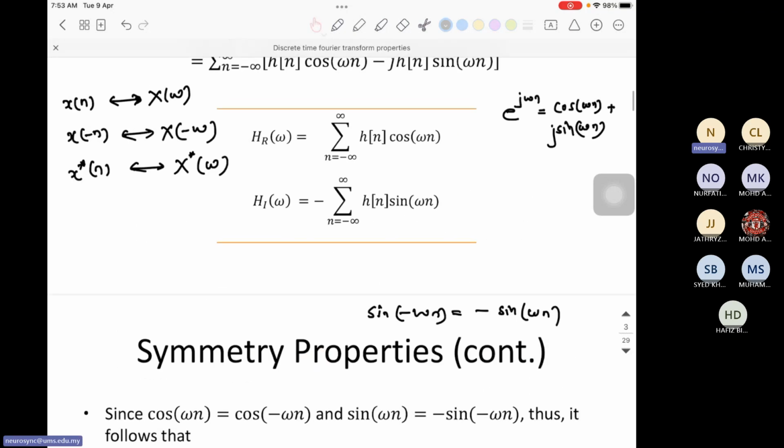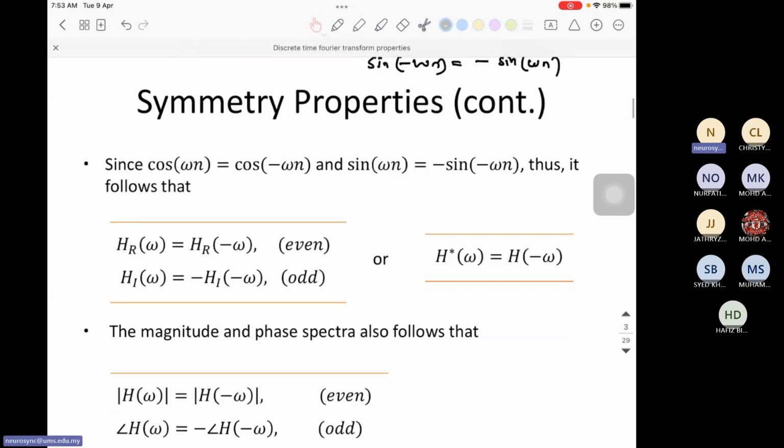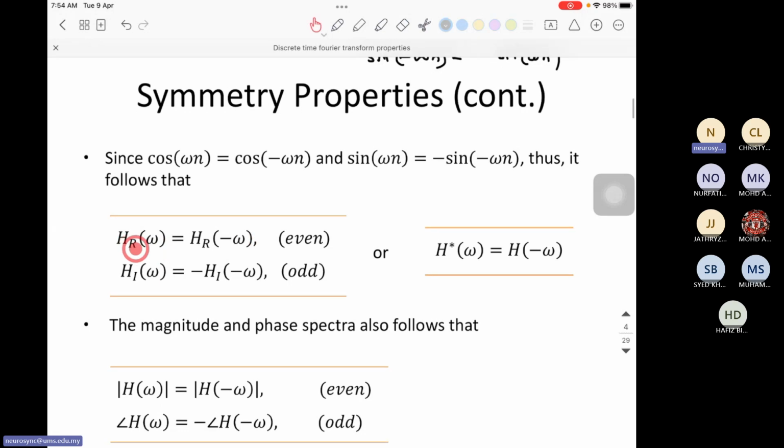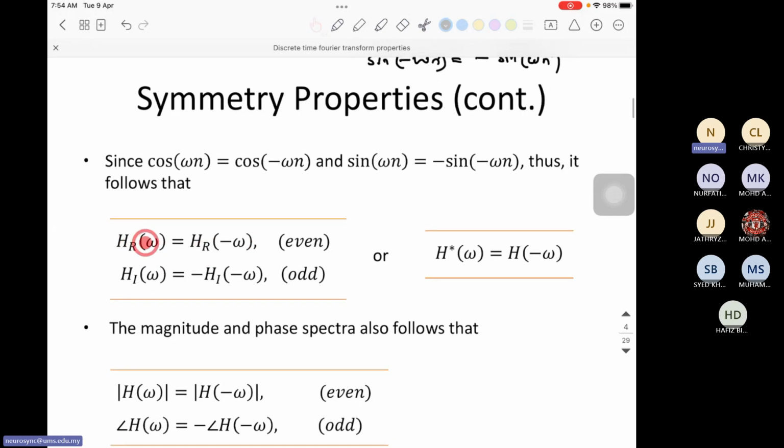We are having the cos function. Okay, so cos basically is what? The even function, because cos of omega n is nothing but cos of minus omega n. Therefore, HR of omega is equal to HR of minus omega, I can say. HR means the real part of H of omega.